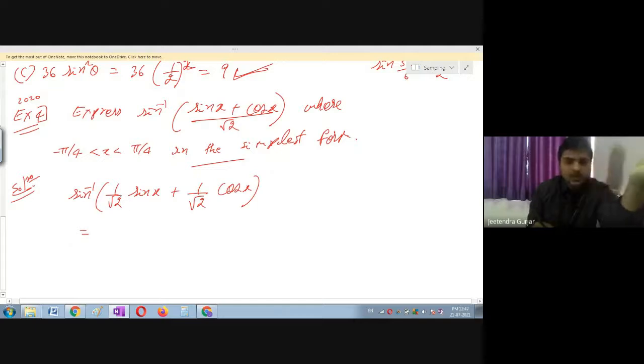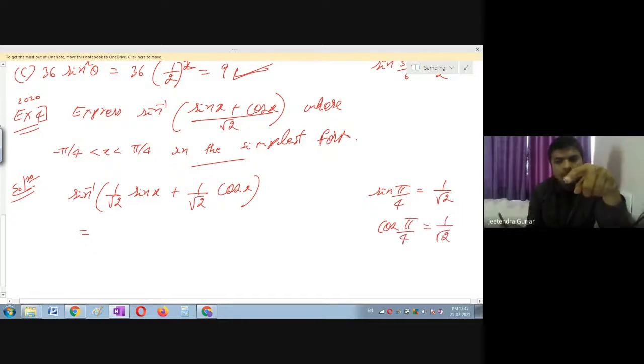I think you remember sine pi by 4 is equal to 1 upon root 2, as well as cos pi by 4 is also 1 upon root 2. So it should strike in your mind easily. You should be able to simplify. I want to arrange it in such a way that inside this bracket it should be in the form of sine, so that sine inverse and sine get cancelled.